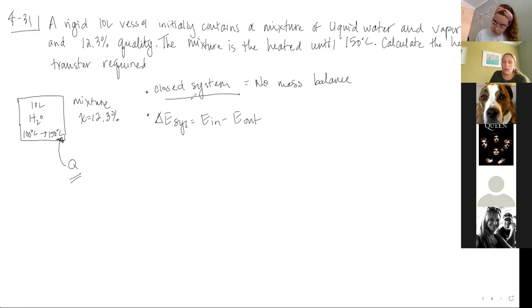Well, we can still assume that we're not having any change in energy of the system because this is not a dynamic system, and we're assuming that there's not going to be any energy change of our system. This is more in unsteady flow systems. So we're still going to have our energy in has to be equal to our energy out.